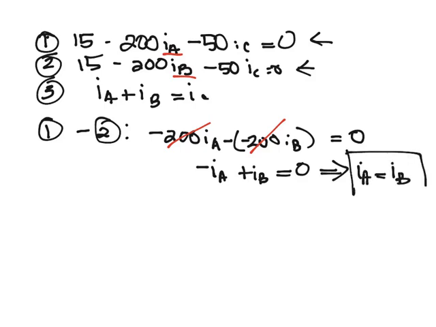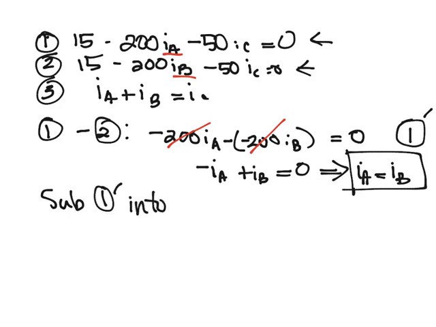And I'm going to take this piece of information and substitute it in. I'm going to call this 1 prime, and I'm going to sub 1 prime into my third equation.